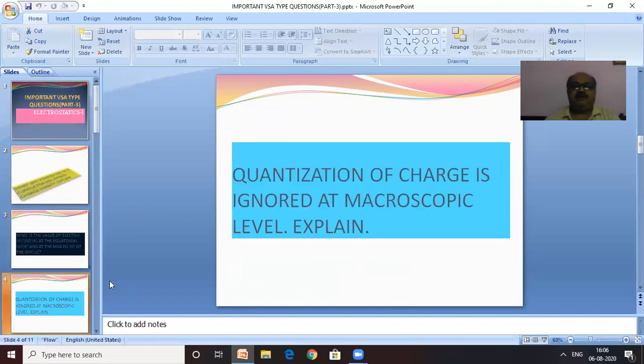Third question is, quantization of charge is ignored at macroscopic level. Explain. At macroscopic level, the value of charge is very large, very huge.